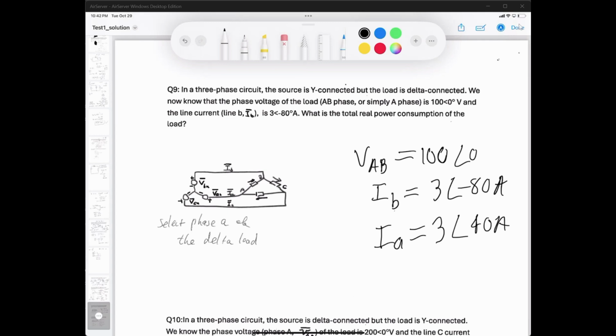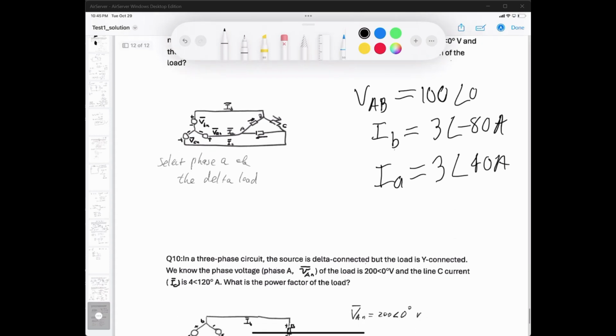I mean, we could look at complex power, but we're going to solve this since we only want real power, right?